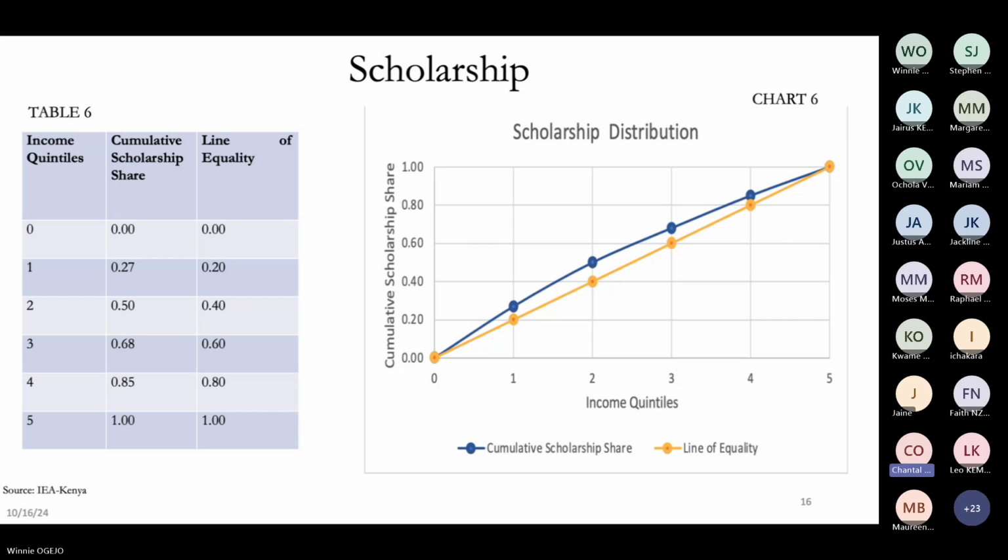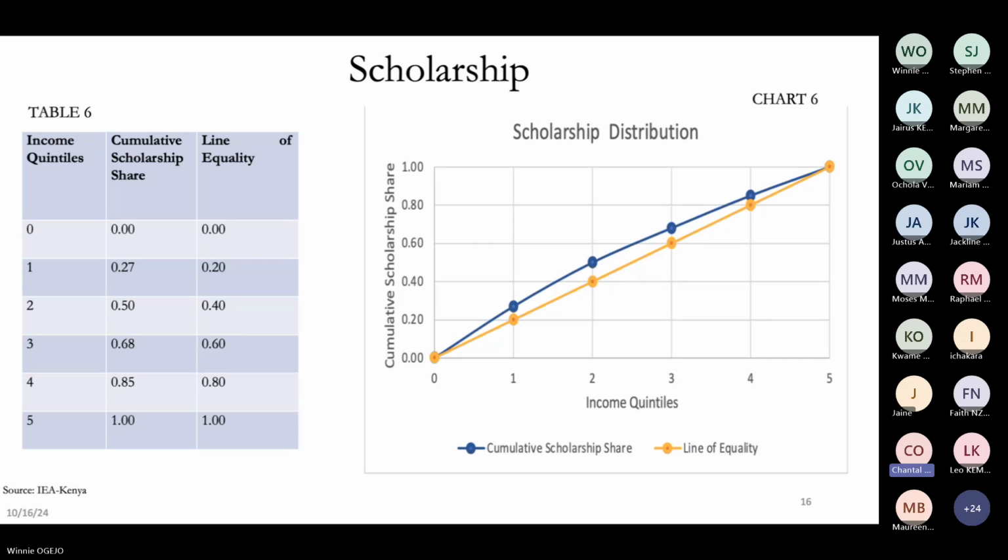Still on table 6, we see that income quintiles 1 and 2 receive 50% of the total scholarship, which is 10 percentage points higher than their population share. Income quintile 5 receives 15% of the total scholarship, which shows that they're receiving 5% less than their population share.